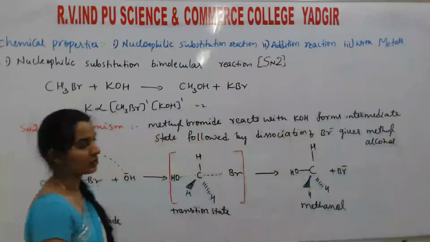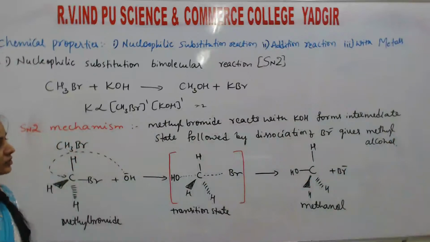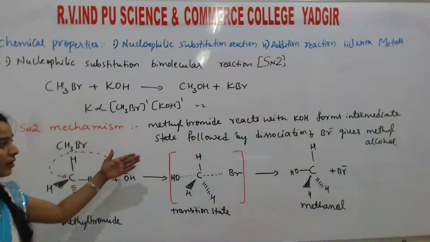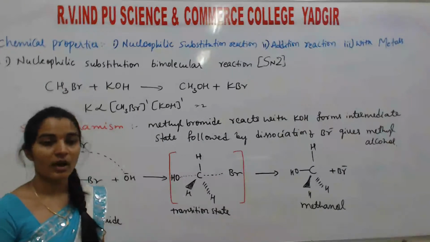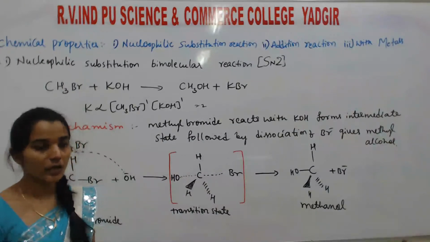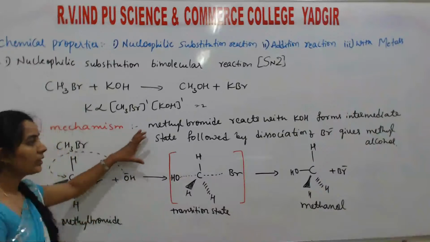This is the explanation. Methyl bromide reacts with KOH, forms intermediate state followed by the dissociation of Br minus gives methyl alcohol. Okay, so if you write this one, you get full marks.